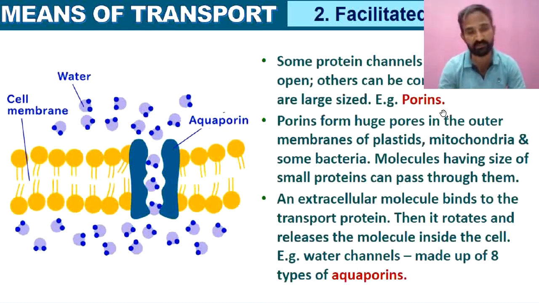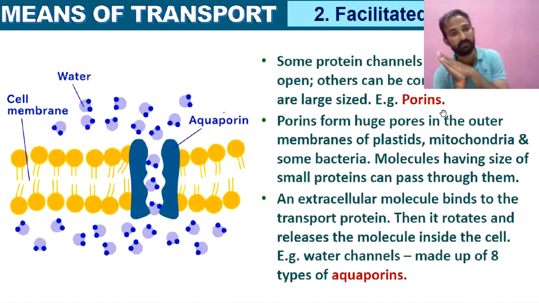If the cell does not require that particular material, the protein channel will be closed. So some protein channels can be controlled and some are always open, which are called porins.